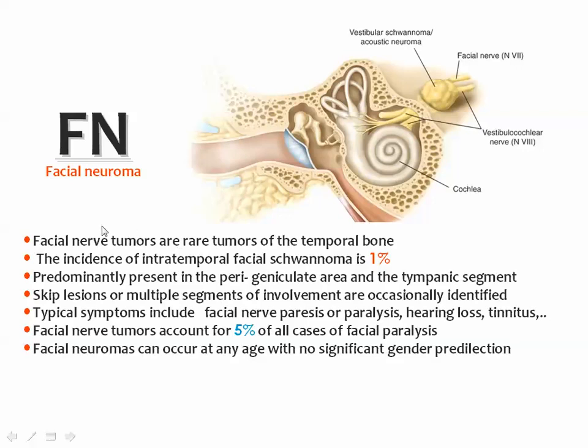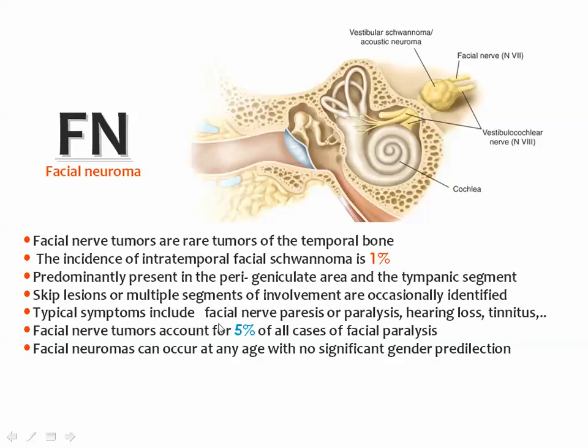The incidence of intratemporal facial neuroma is only 1% compared to the acoustic neuroma, which is 80%. This lesion usually affects the pregeniculate area, the facial nerve canal before the site of the geniculate ganglion. And also multiple lesions can be seen along the course of the facial nerve.